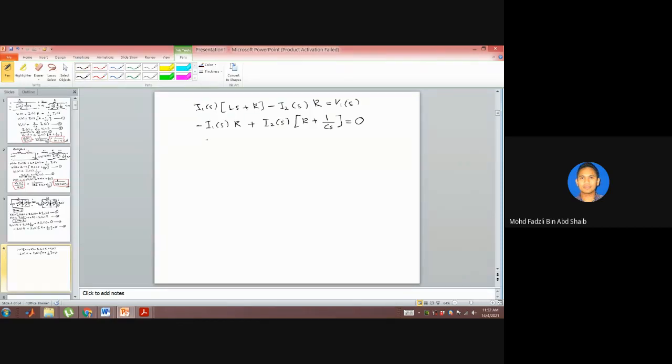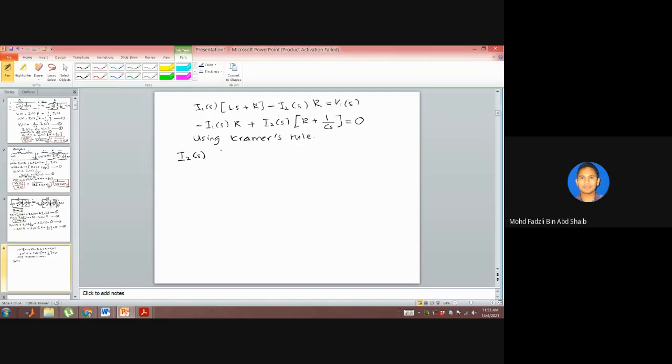Okay, so using Cramer's rule. We want to find I2S.